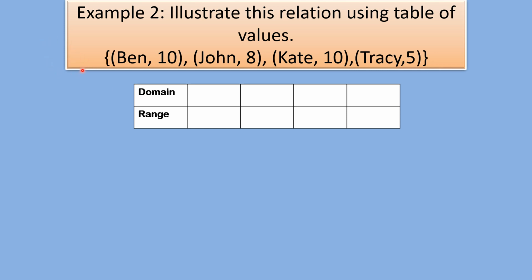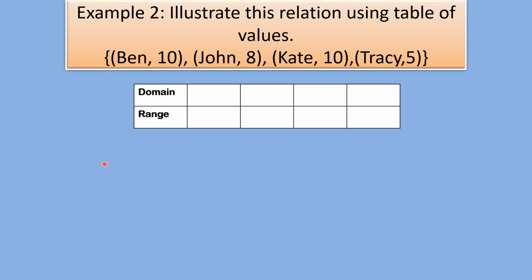Then, of course, si John. Si John din dito. And, of course, si Kate. Si Kate din dito. Then, Tracy. Tapos, dito siya. Okay? And, of course, their corresponding cell dito sa baba, sa second row, would be their ages.